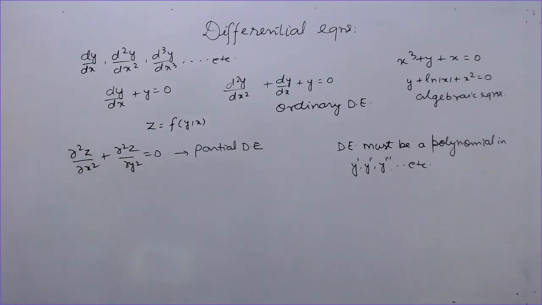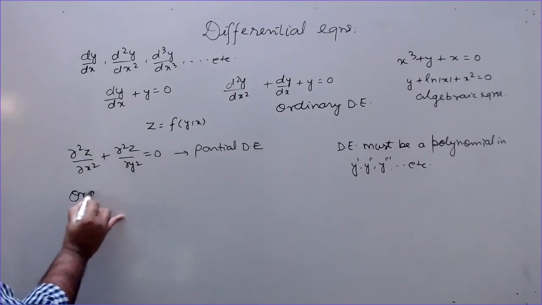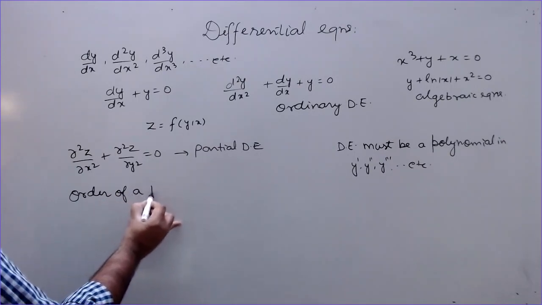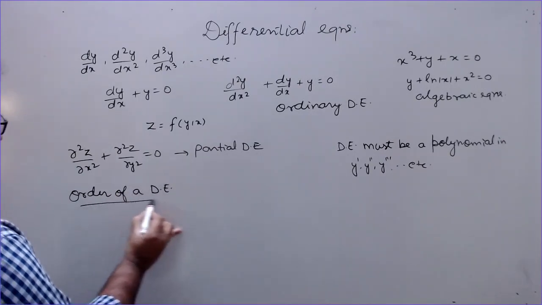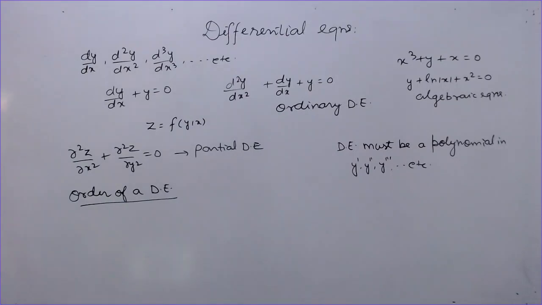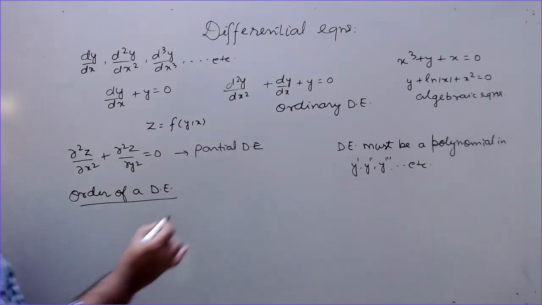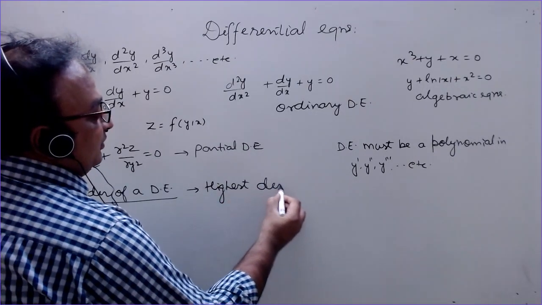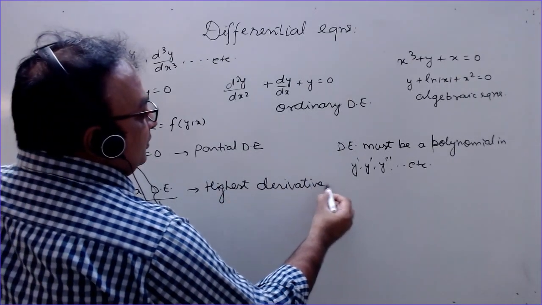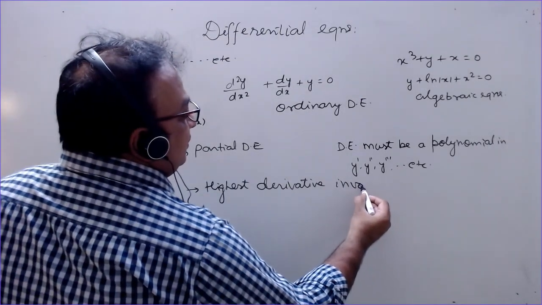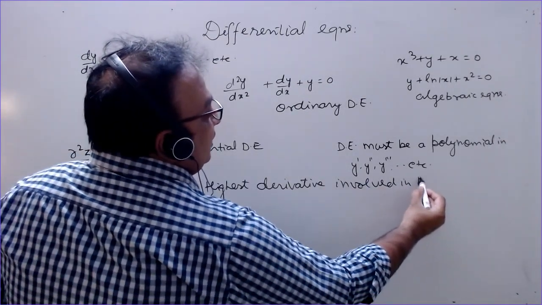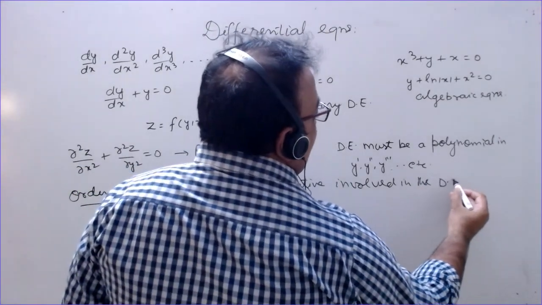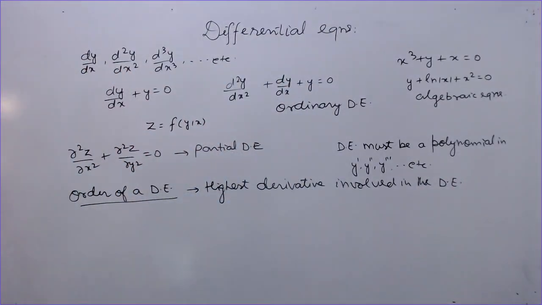Now there are two other terms, order and degree of a differential equation. First let me discuss the order of a differential equation. So what is the order? Order means the highest derivative involved in the differential equation is called the order of the differential equation.